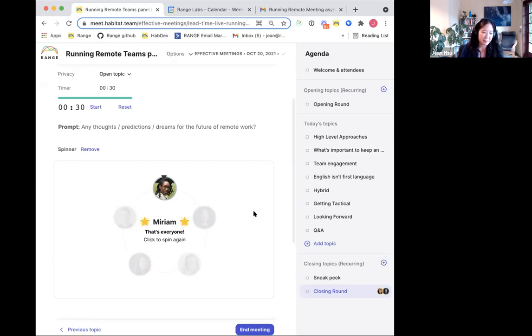And I sincerely hope we don't go that way. The future that Range wants and that I want is one of high trust, what Nassim talked about, really high trust environments where you're not monitoring how many hours people are working, but trusting that they'll get their work done. I sincerely hope that we head in that direction.